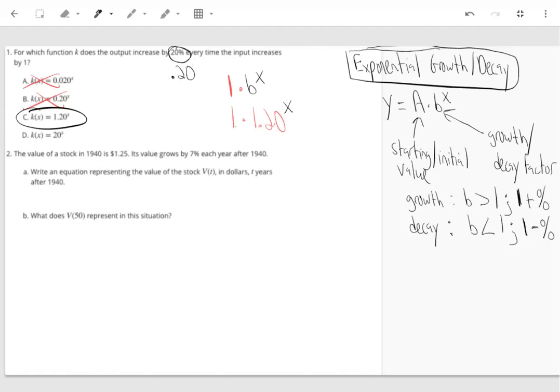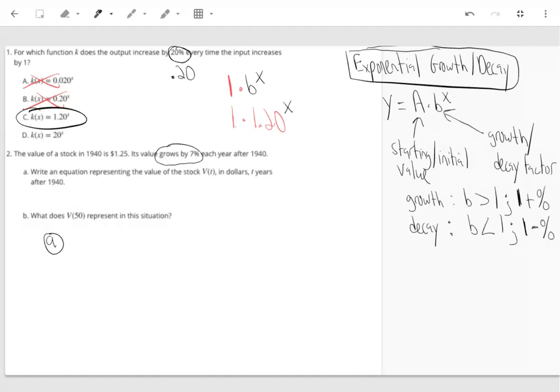Number 2, the value of a stock in 1940 is $1.25. Its value grows by 7% each year after 1940. Write an equation representing the value of the stock V of t in dollars t years after 1940.